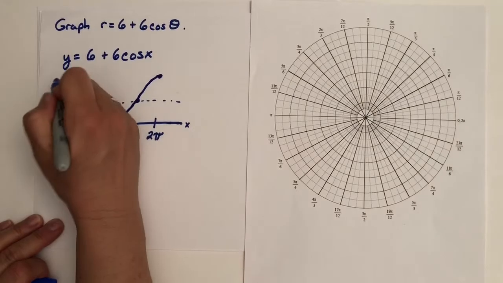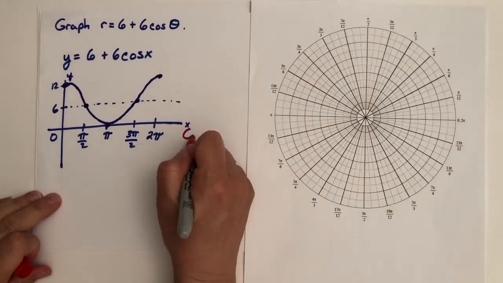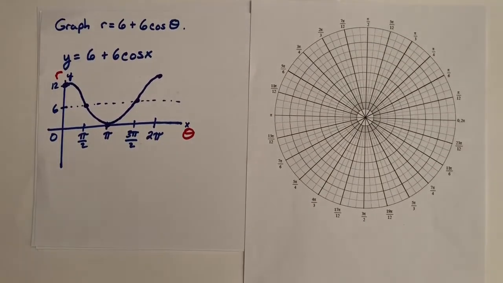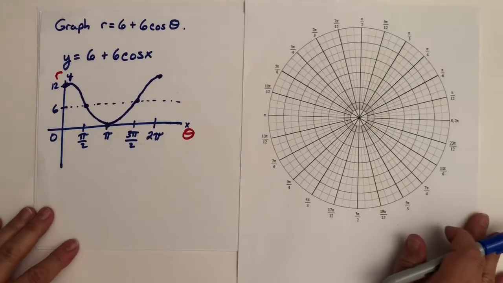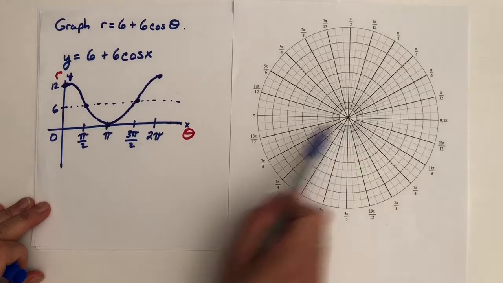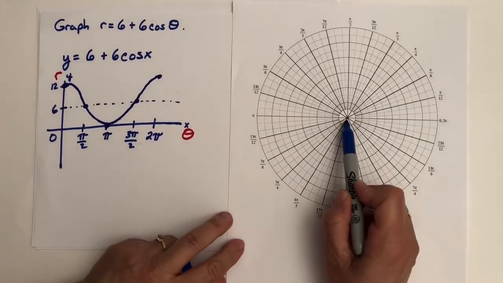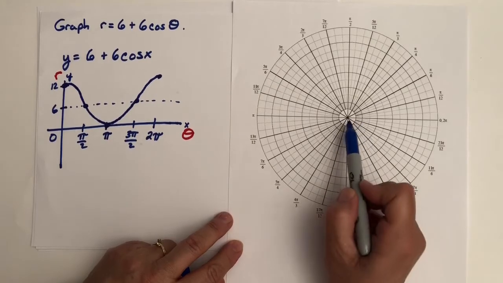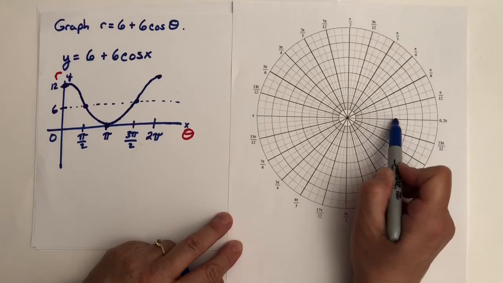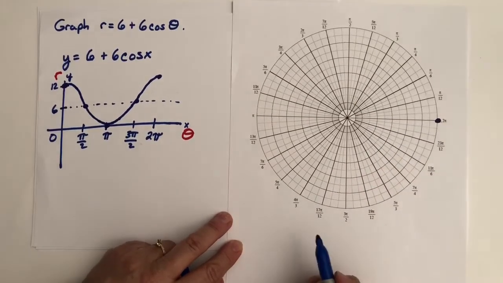Remember, this is x and this is y, but now we're thinking about these being our theta values and these are our r values. So let's get some key points listed here. At 0 radians, we would be at 12. So if this is 0 right here, 2, 4, 6, 8, 10, 12, right out to here.